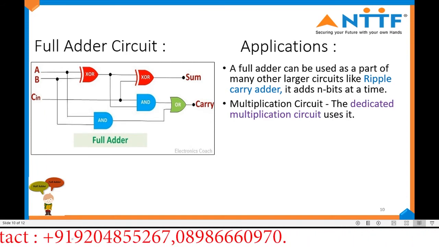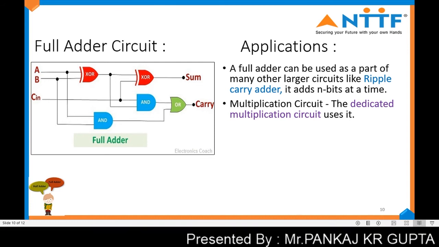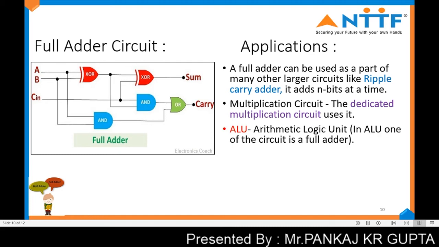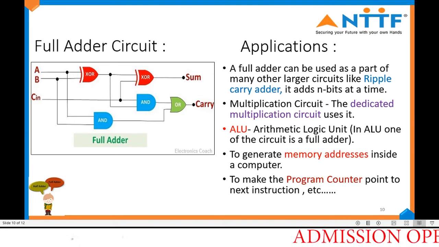Multiplication circuits: the dedicated multiplication circuits are used in arithmetic logic units. One of the circuits is a full adder to generate memory addresses inside computers. It is used to make the program counter point to the next instruction.